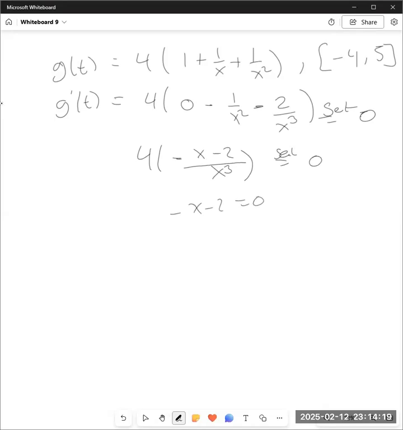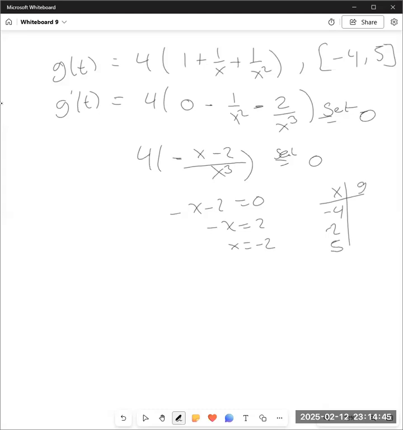I'm really not interested in x being equal to 0 because it's not in the domain of the original, even though it's within this interval. So x = -2. We have x is -4, -2, and 5.